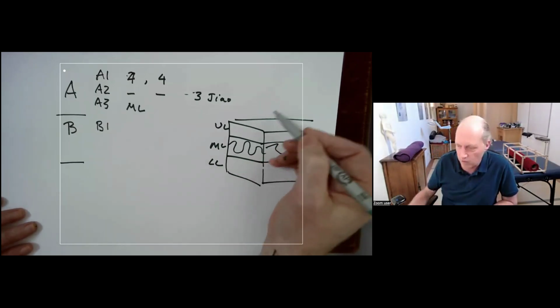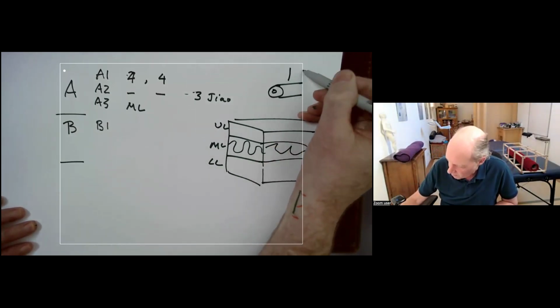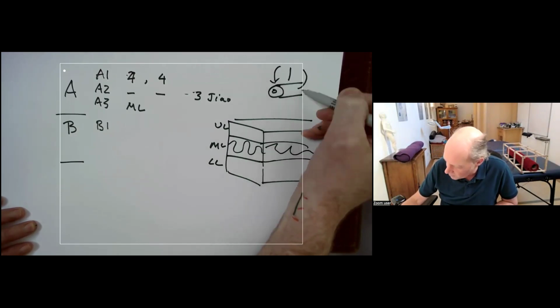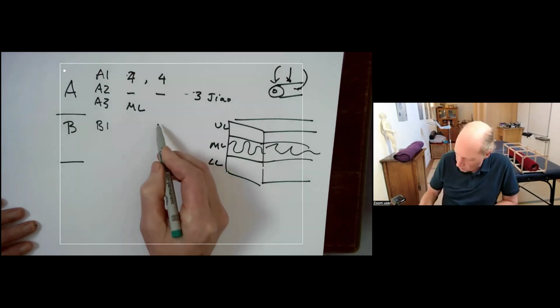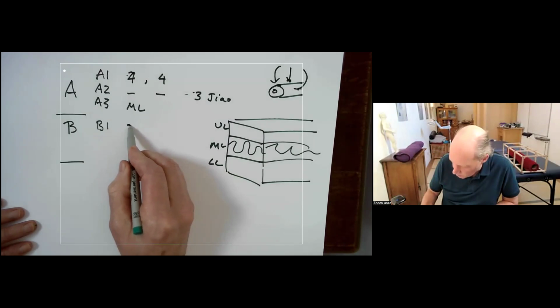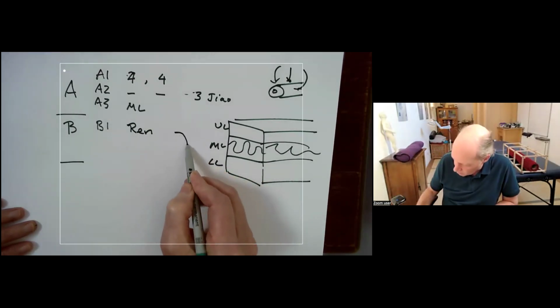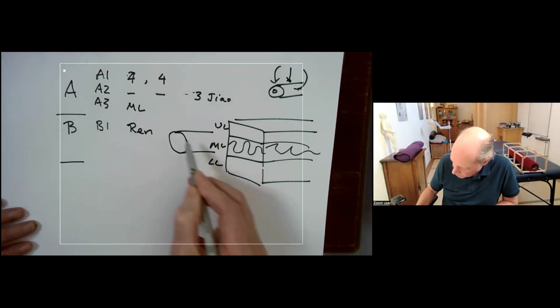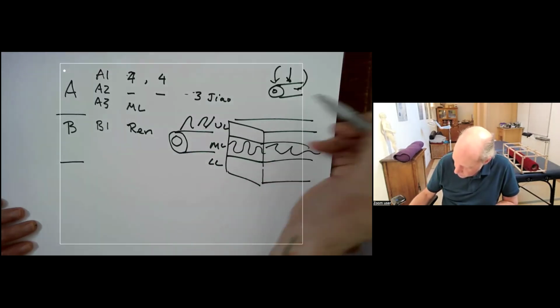Now you're going to be feeling all around it and getting a sense of your fingers on top of the artery. Then when you do B1, you'll be much more sure that it's a Ren Mai, because you'll have the sense of the artery being right in the middle, but beating upwards. So that's the key thing.